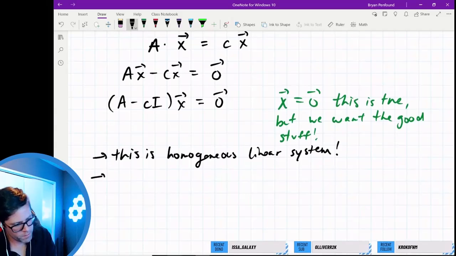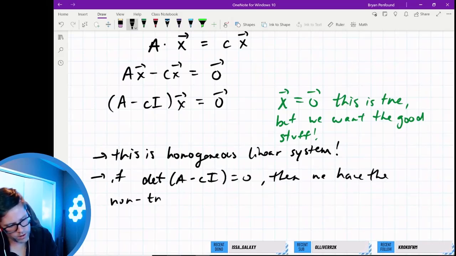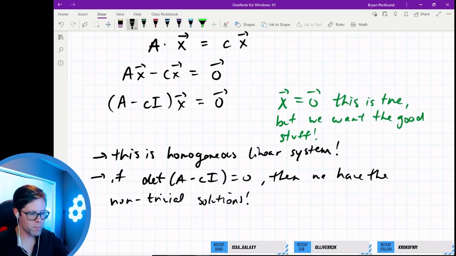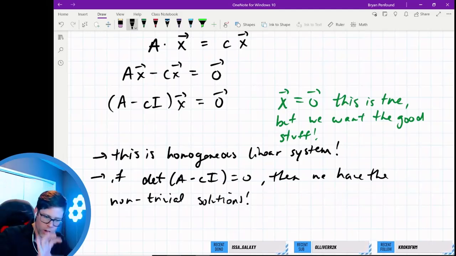So if the determinant of A minus cI is equal to 0, then we have non-trivial solutions. So that's a big key step here when we're thinking about eigenvalues and eigenvectors, which is where the conversation naturally lends itself to.